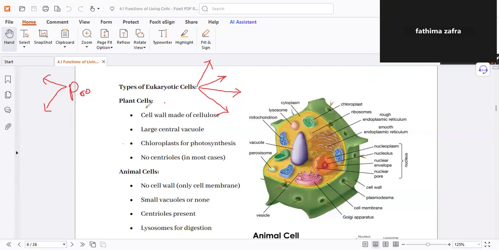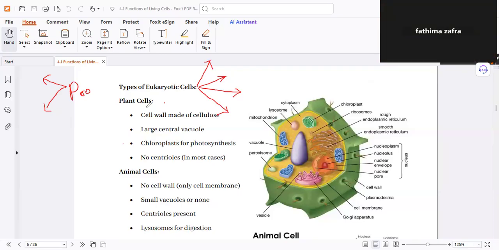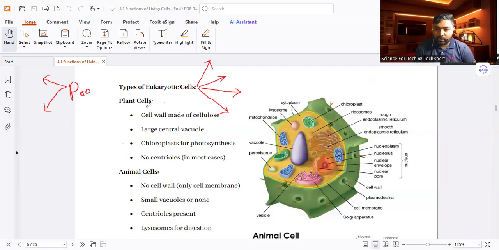Kingdom, domain... sorry. Kingdom fungi, kingdom bacteria. Sorry, what does domain mean? What comes under domain?